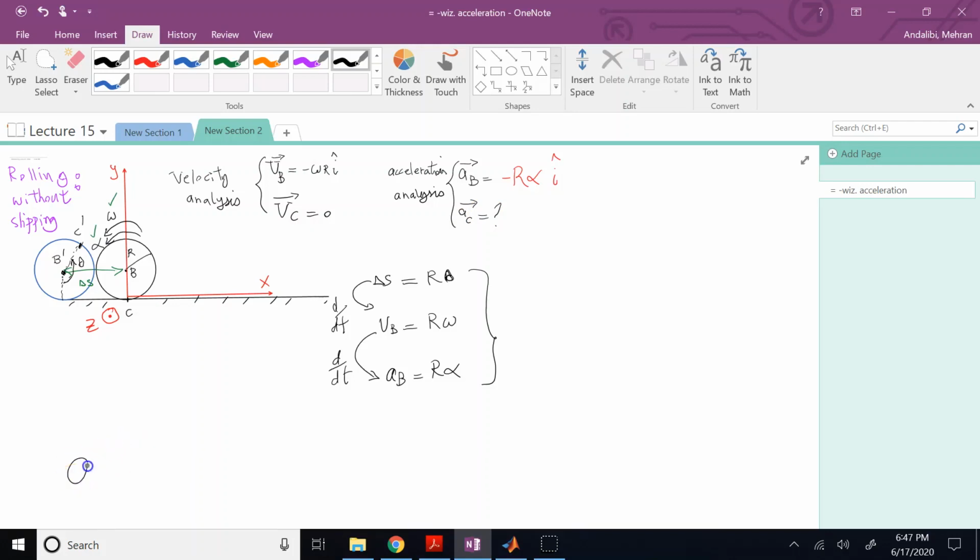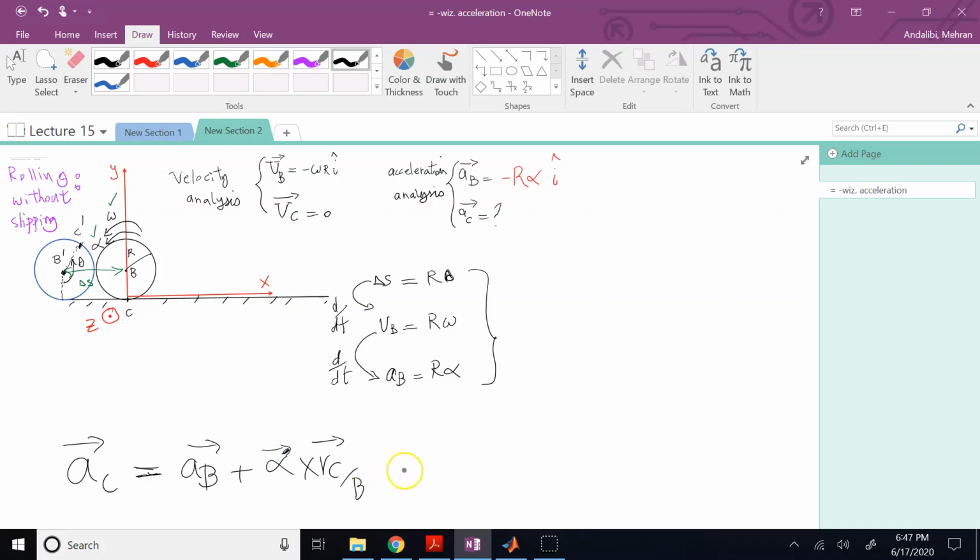So here, I'm going to relate the acceleration of C to acceleration of one other point about which I know something, and the only thing I know is now about point B. So I relate point C to point B through the new formula that we just have learned.